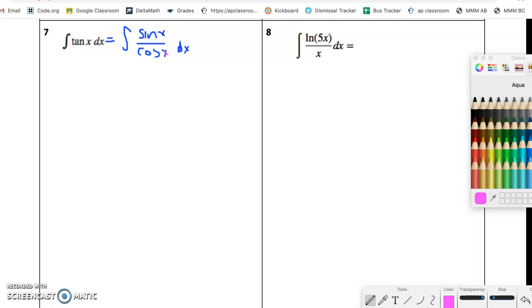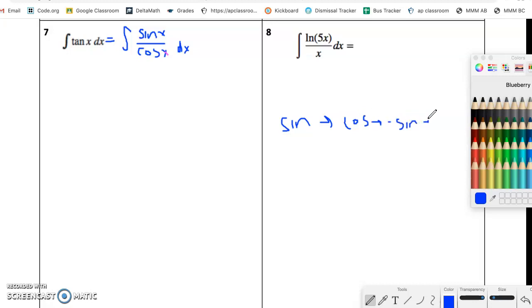And we say, well, if we remember with our trig functions, I'm just going to write it over here, our derivatives, it would be like sine. If we take the derivative, goes to cosine. Derivative of cosine goes to negative sine.